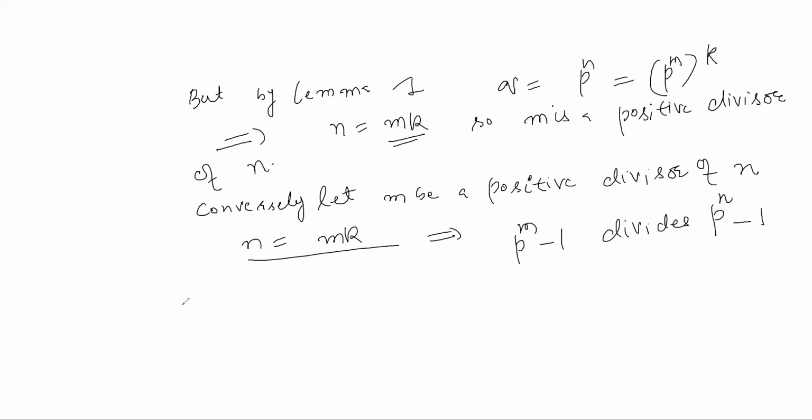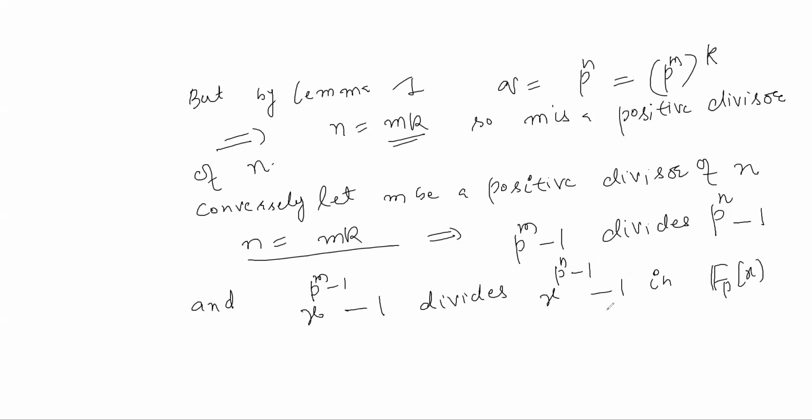Okay, and so you can say that the polynomial x raised to power p raised to power m minus 1 divides the polynomial x raised to power p raised to power n minus 1 in Fp[x]. These are just small calculations, you can check this. So if m divides n, then p raised to power m minus 1 divides p raised to power n minus 1, and it would imply that this polynomial divides this in Fp[x].